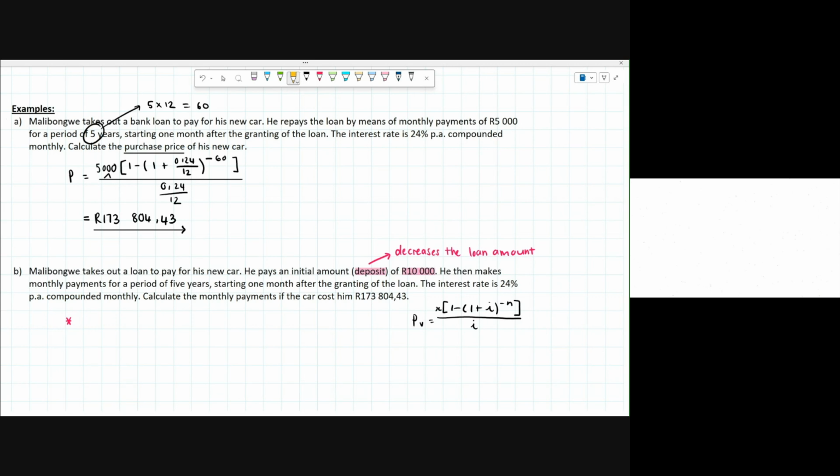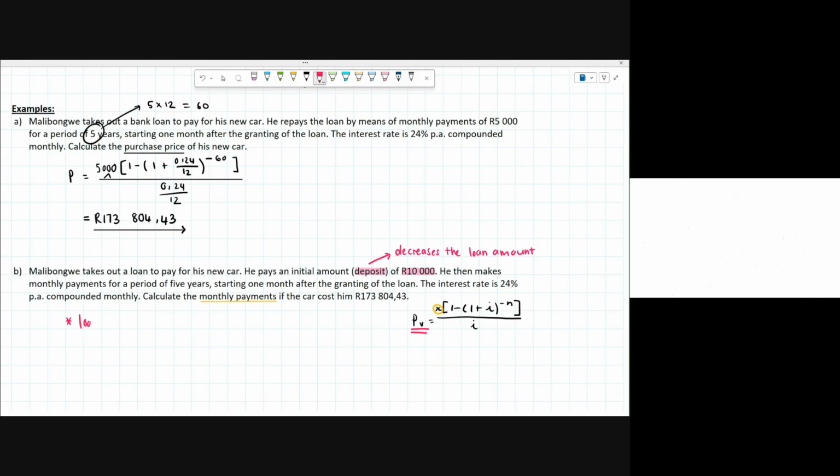We are looking for, according to the question, the monthly payments. So I'm looking to solve for x, which means that I need my present value. My present value is how much my car currently costs. So in the context of this, what is my loan amount that I'm taking out?